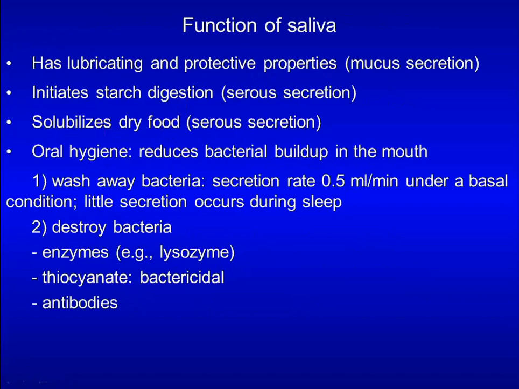One is that it helps wash away bacteria. The other one is that it contains several factors that can destroy bacteria. These include enzymes, most notably lysozyme, chemicals such as thiocyanate, and antibodies.